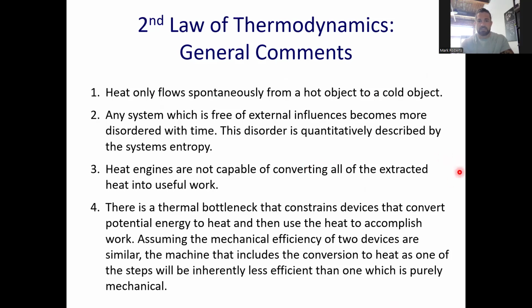Heat engines are not capable of converting all of the heat into useful work. The reason for that is some of the heat has to be rejected to the environment. If we had access to a cold sink or an environment that was at 0 Kelvin, then potentially we could. But we know that that's not a real thing. We would actually have to do work in order to get close to that.